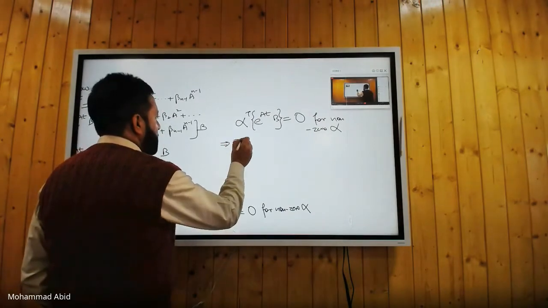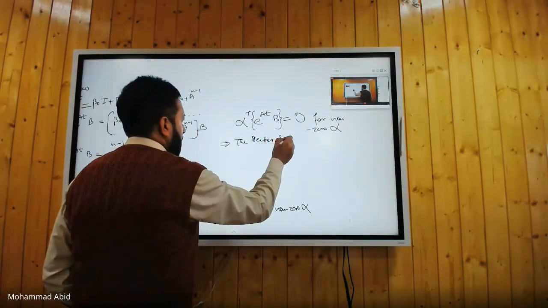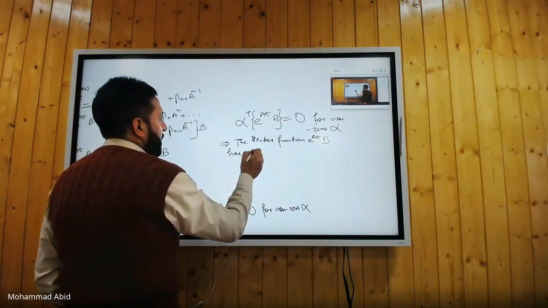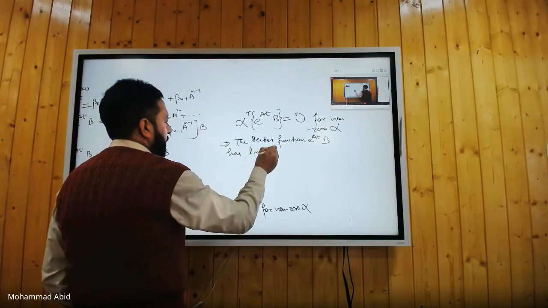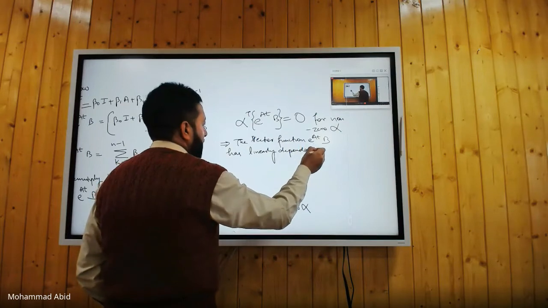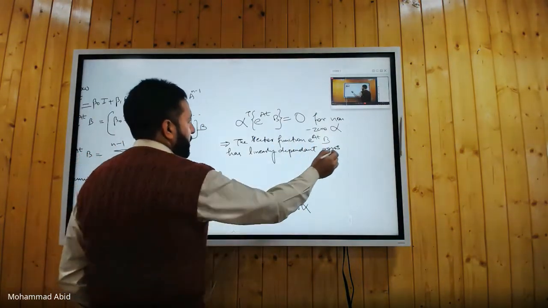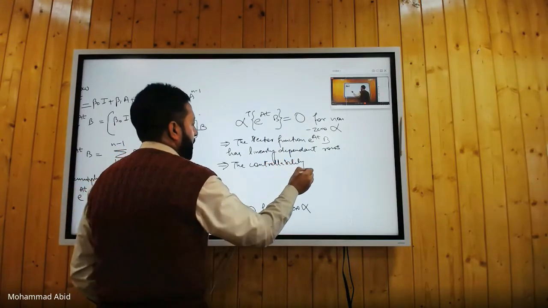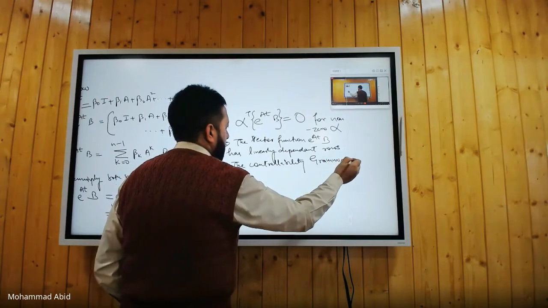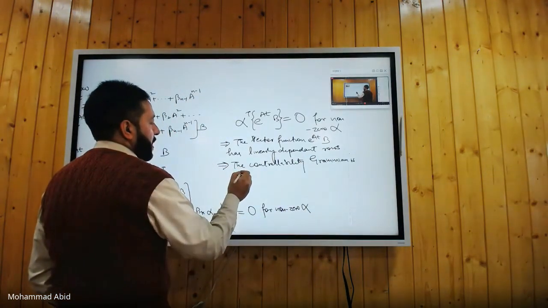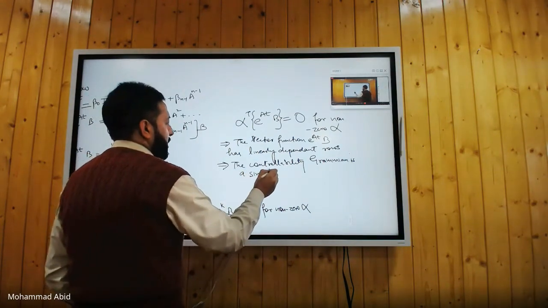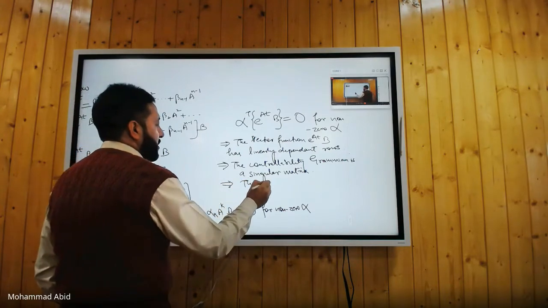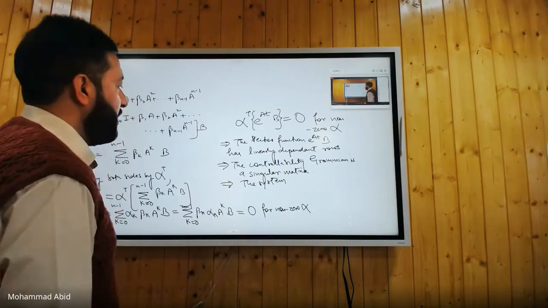So this actually implies the vector function e to the power At B has linearly dependent rows, which actually implies that the controllability gramian is a singular matrix, and which actually implies that the system is, because for a system to be controllable, the controllability gramian must be a non-singular matrix.